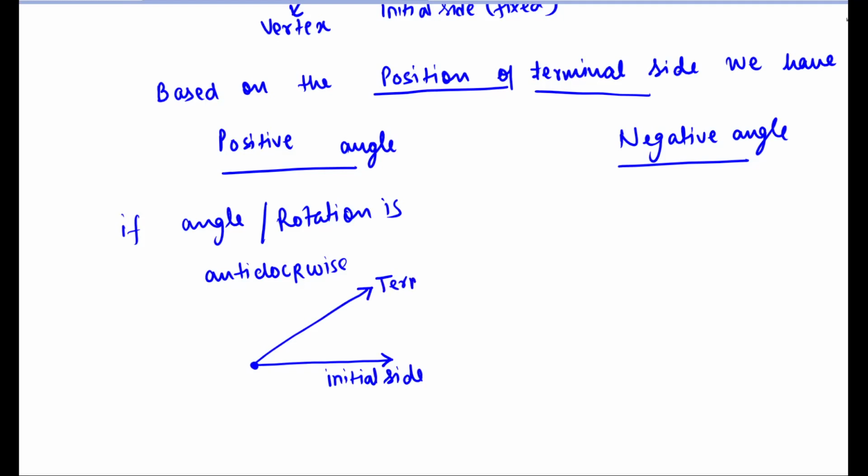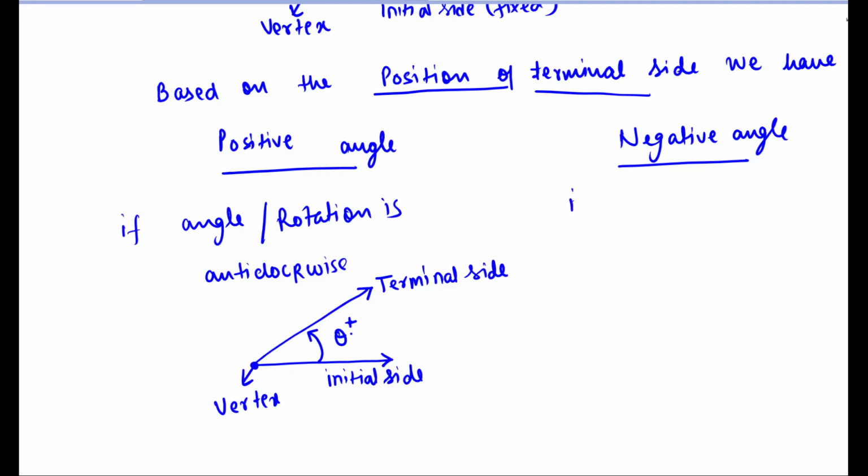So this is a terminal side, which is obtained by rotating the initial side anti-clockwise by an angle theta. And this is the vertex. So this is a positive angle.